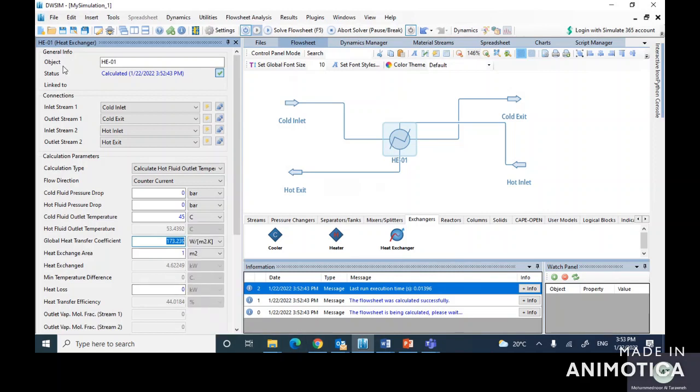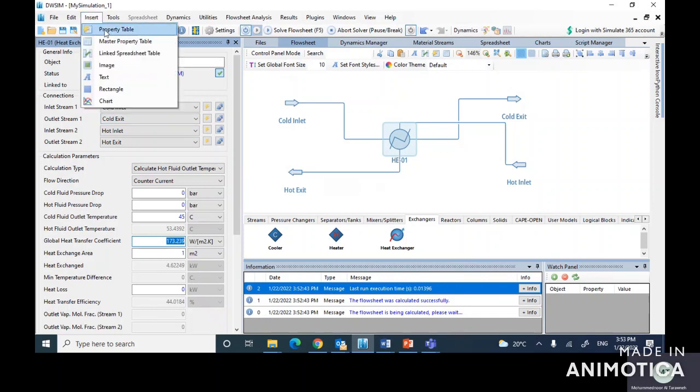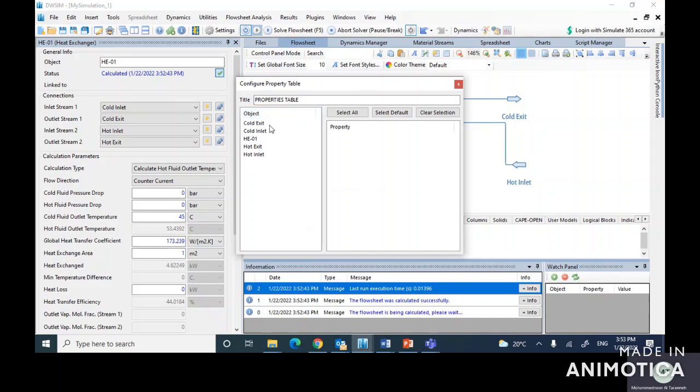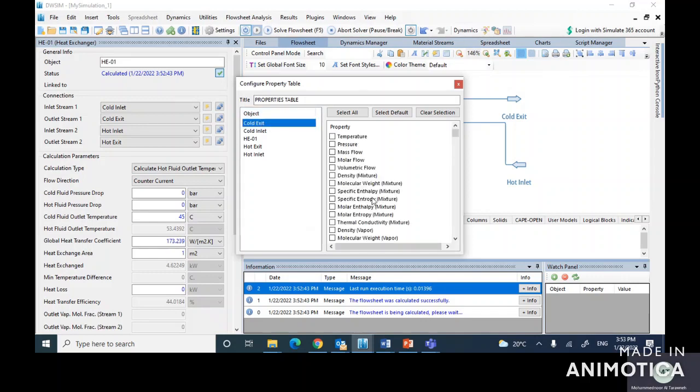Now, if I would like to view everything in a table, you can go to Insert, click on Property Tables, and click here, choose the exit. These are all the properties that we can view. We are interested in the temperature. The mass flow rate doesn't change. Do the same for the cold inlet, choose the temperature. For the hot exit, choose the temperature. For the hot inlet, choose the temperature.